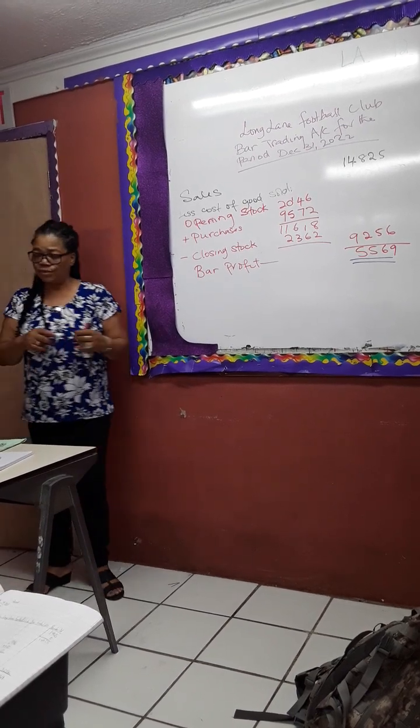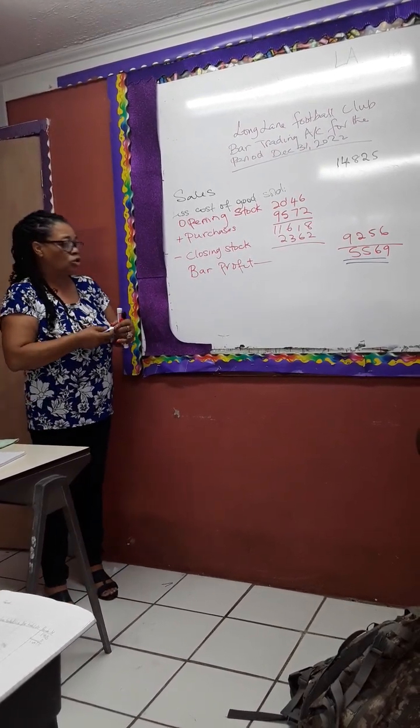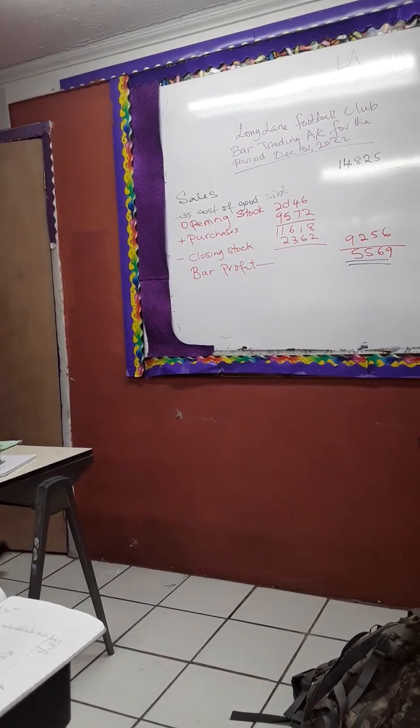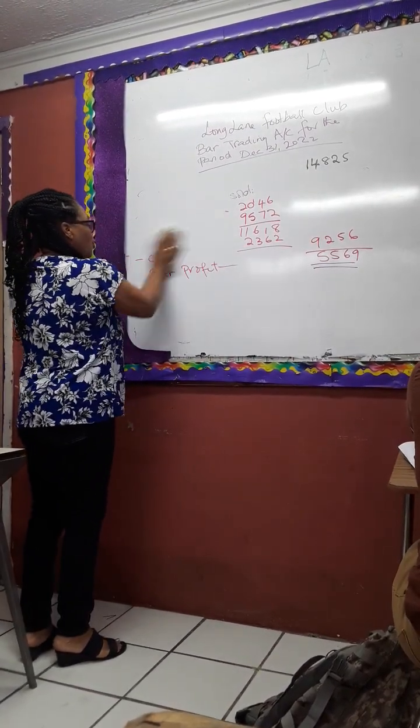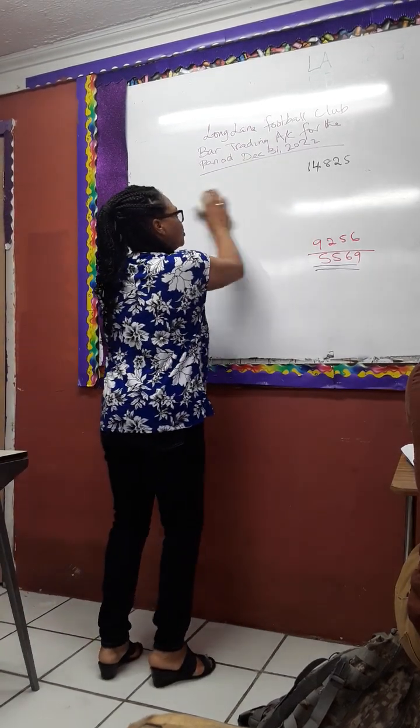I have to erase what's on the board in order to show you what happens with the income and expenditure account. After that, I am going to move on to part 2.